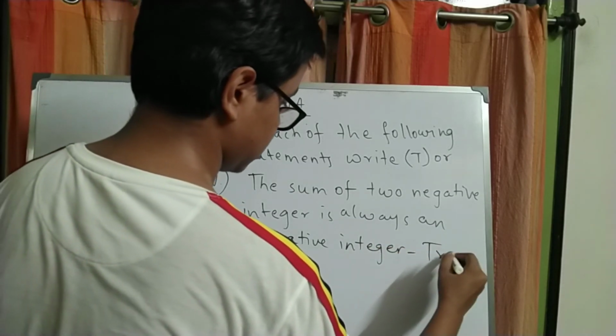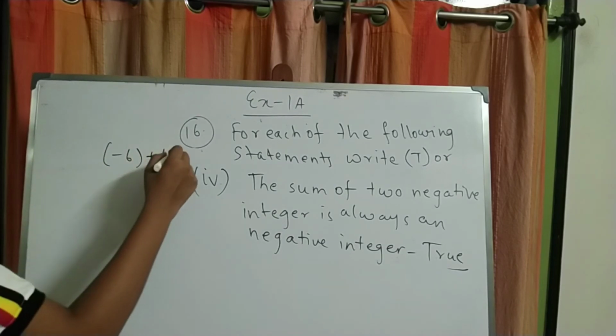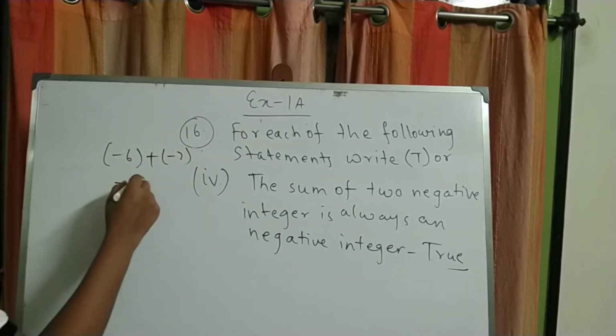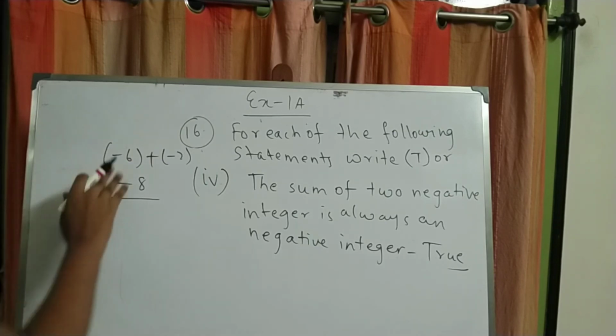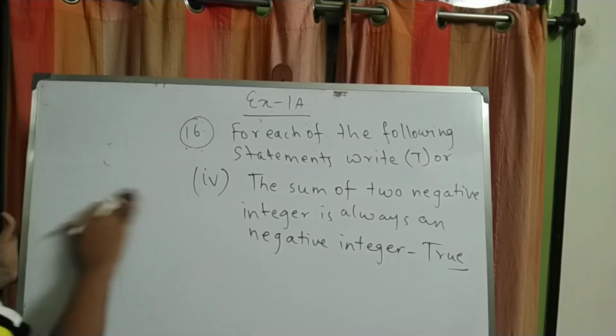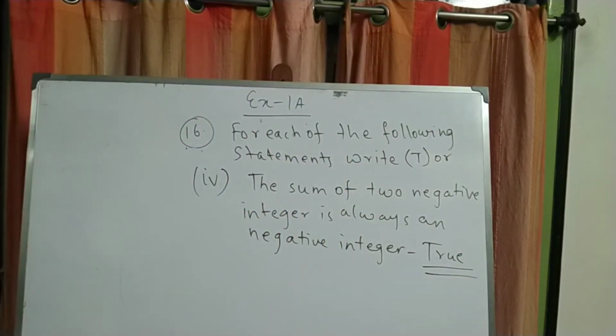This statement is also true, because if I write minus 6 plus minus 2, I will get minus 8, because minus 6 is the larger number here. So it proves that the sum of two negative integers is always a negative integer. So this statement is absolutely correct.